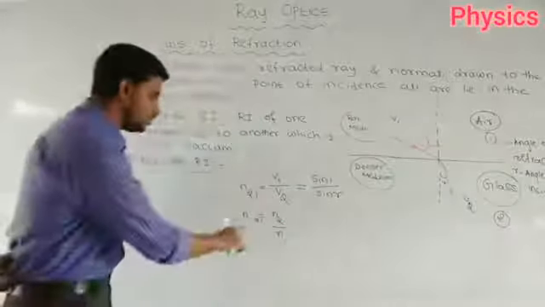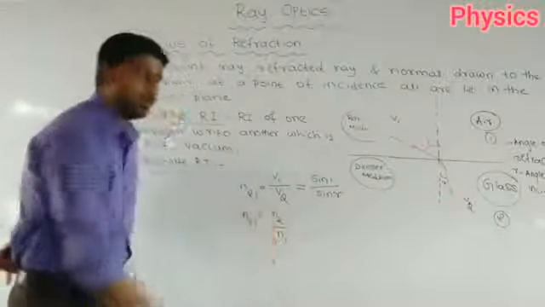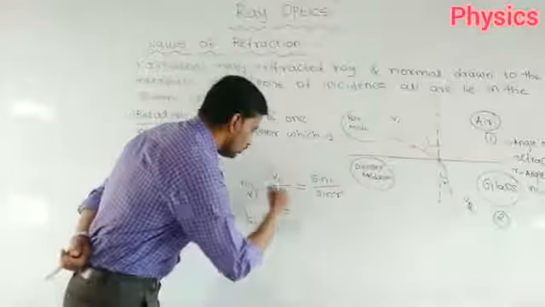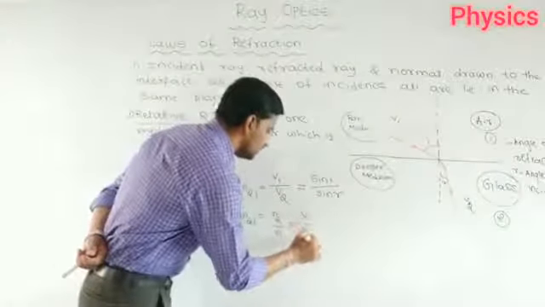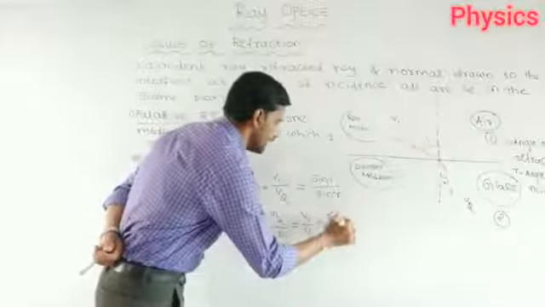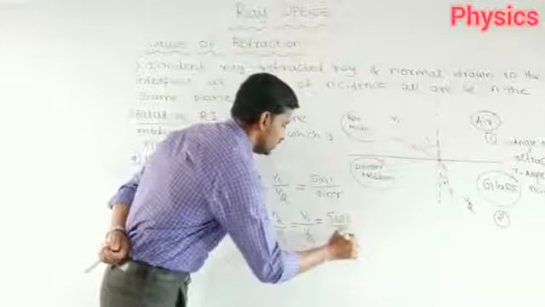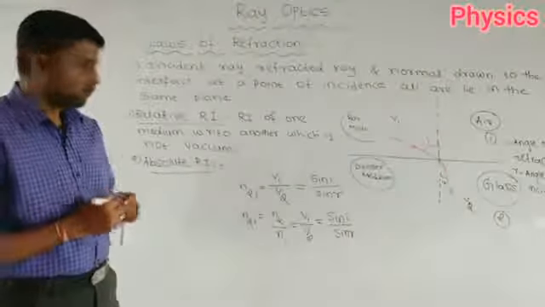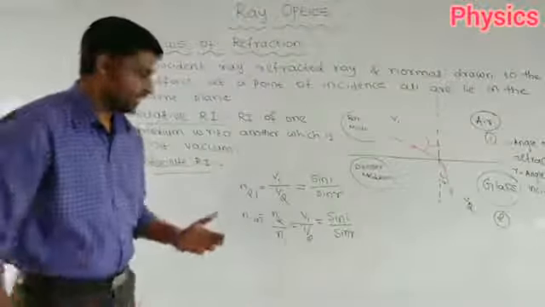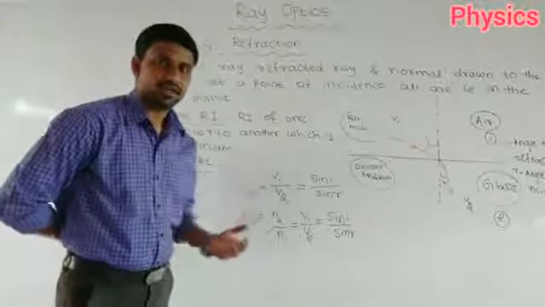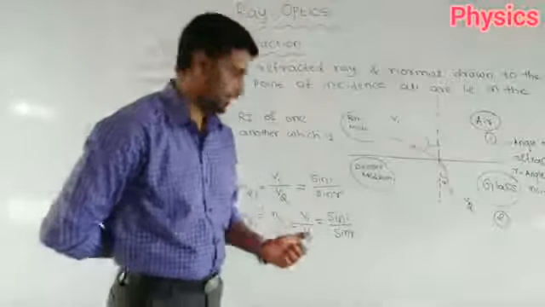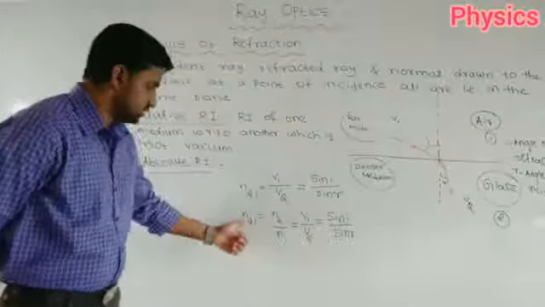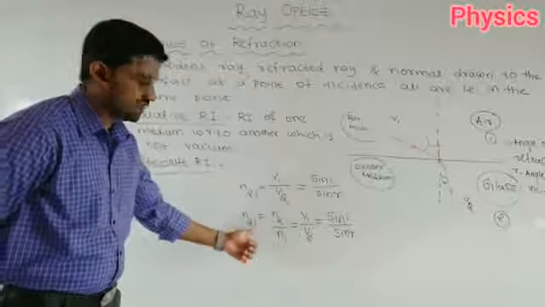We can write N21 is equal to N2 divided by N1, that is equal to V1 by V2, that is equal to sine I by sine R. So this is another way of finding the refractive index, by taking the ratio of speed of light. This is the refractive index of second medium with respect to first medium.